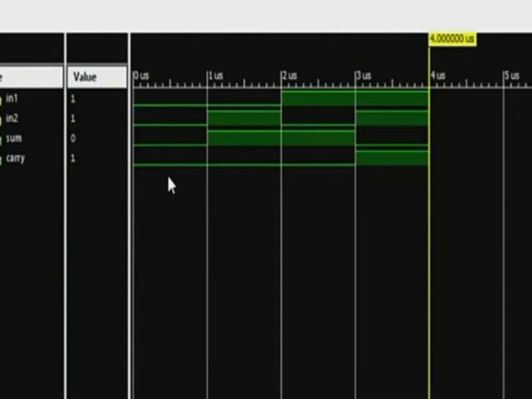When A is 1 and B is 0, sum is 1 and carry is 0. So when both inputs are low, sum and carry are also low. When any one input is high, the sum is high and carry is 0. When both inputs are high, sum is low and carry is high.